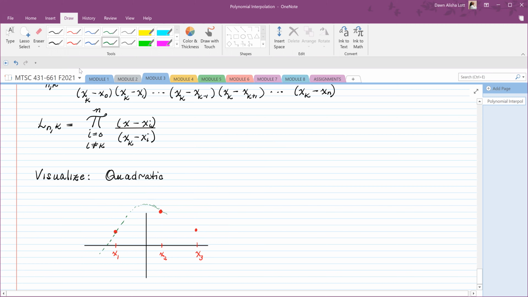I may have to move my red point, because it's got to be here so I can get a parabola. Okay, so that may be my interpolating function.